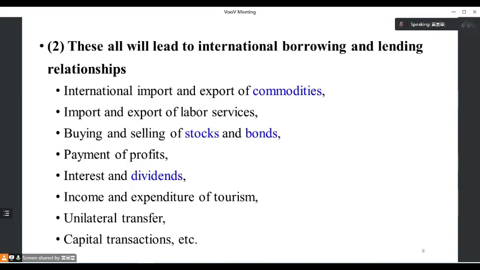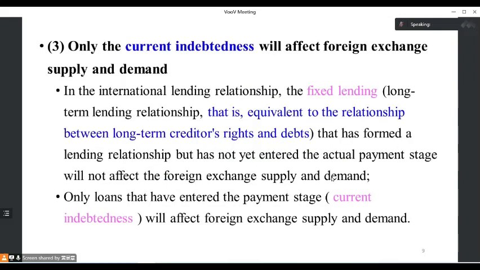And import and export of labor services also produce borrowing and lending relationship, and so on. This page gives us 8 items that can cause international borrowing and lending relationship. Let's go on.